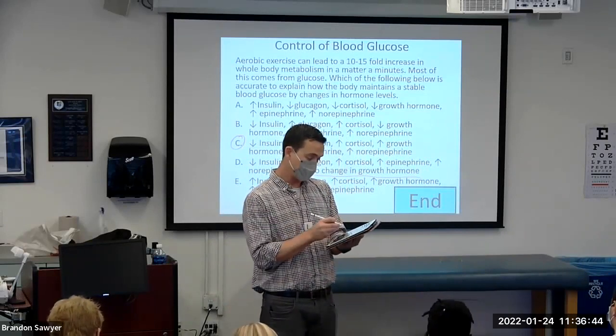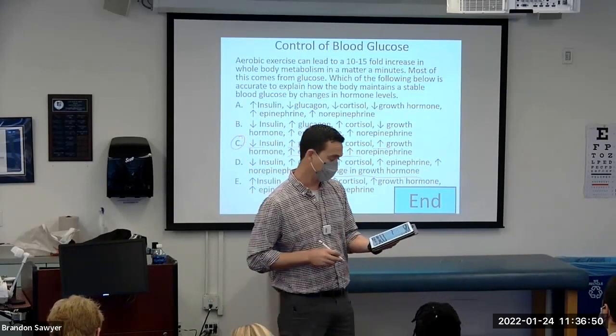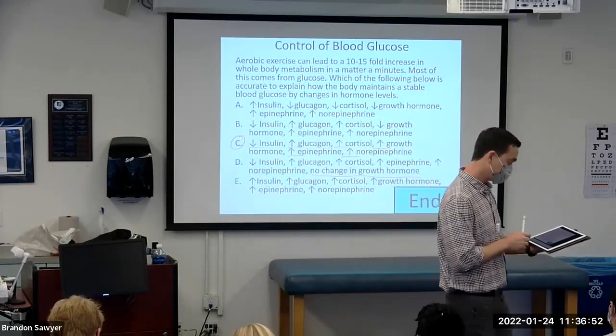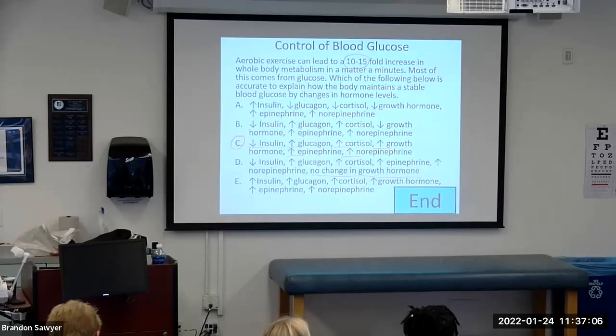But yeah, this one: decrease insulin, increase glucagon, increase cortisol, increase growth hormone, increase epinephrine, increase norepinephrine. Okay, so this is incredibly complex, the way that the endocrine system controls blood glucose. And it's incredibly important though too, because we go from burning maybe somewhere around 1 calorie per minute up to burning sometimes 20 calories per minute, right?